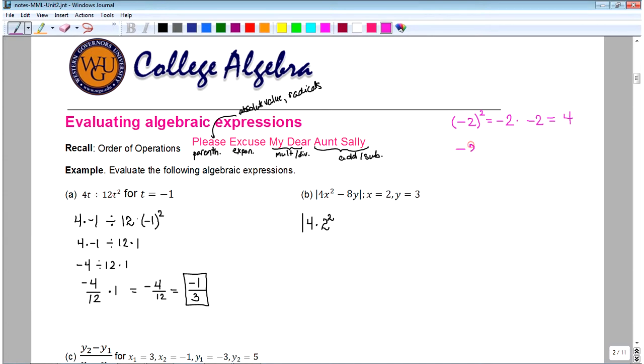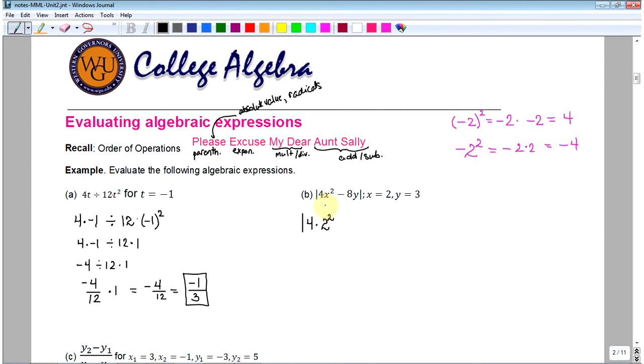If we did not write parentheses and we had a negative 2 squared, this is saying that we're going to take the opposite of whatever 2 squared is. The negative is not part of what's being squared. This means that we have negative 2 times 2, or negative 4. So this is why it's important to have your parentheses when they're needed, because sometimes they are necessary.